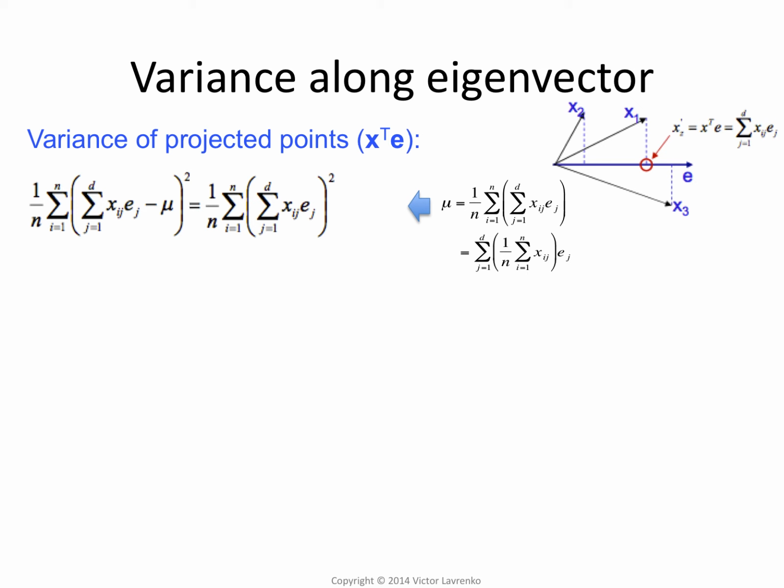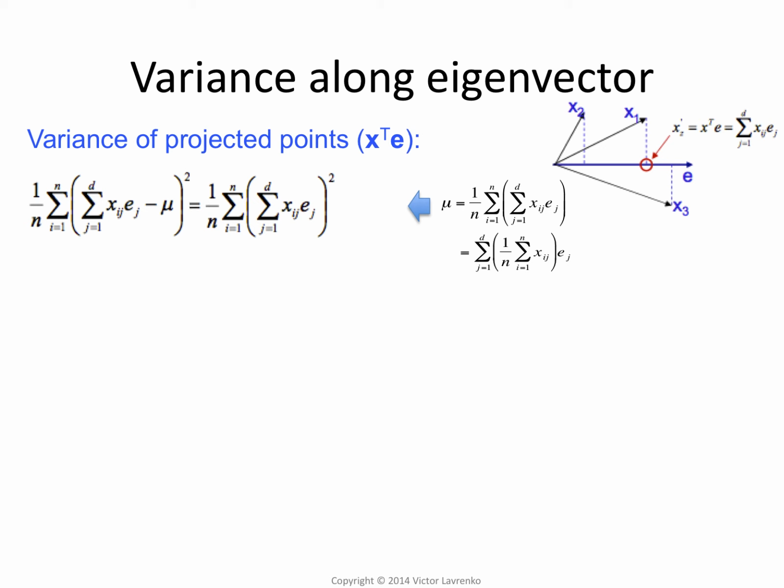What is the mean? We're looking for the mean of the projections, right? So that's our mean. We're going to sum up over all instances, 1 over n, and inside is the value of the projection. Now the value of the projection is just the dot product between the ith instance xi and our eigenvector e.